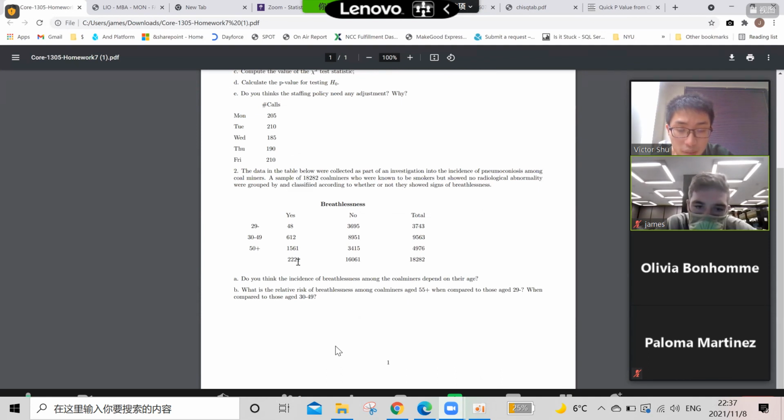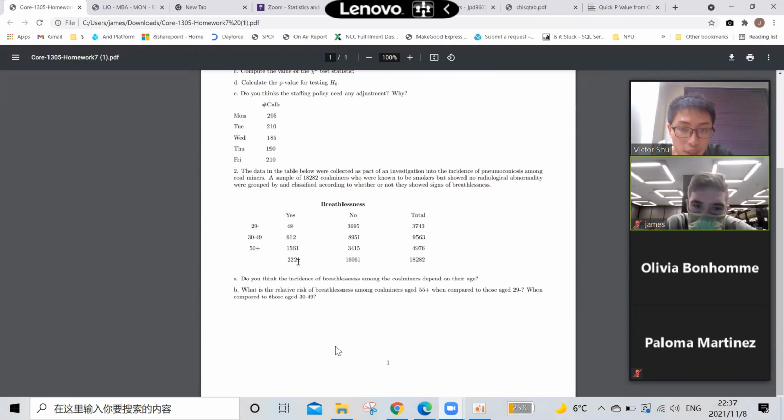The absolute risk, also called absolute probability, of a person under 29 years old getting the problem of breathlessness is simply 48 divided by 3,743. You're just looking at the first row, using the yes divided by the total number.